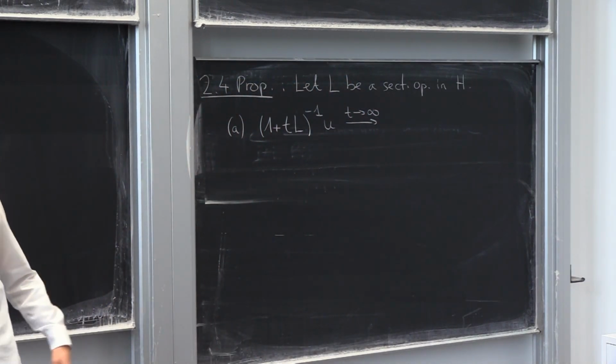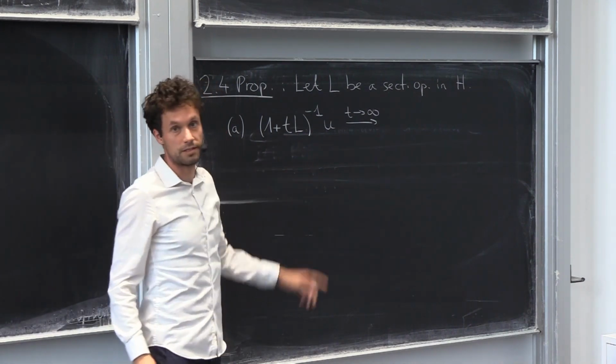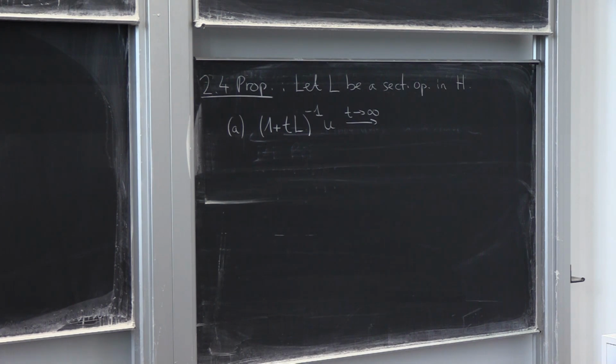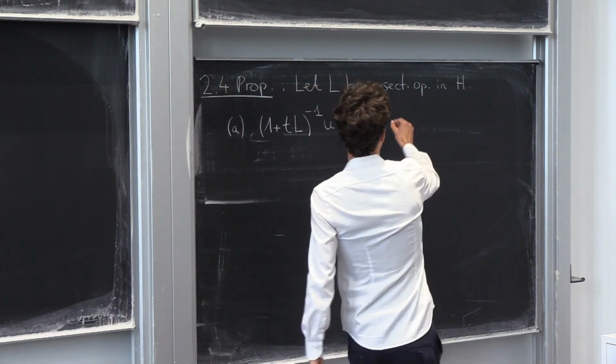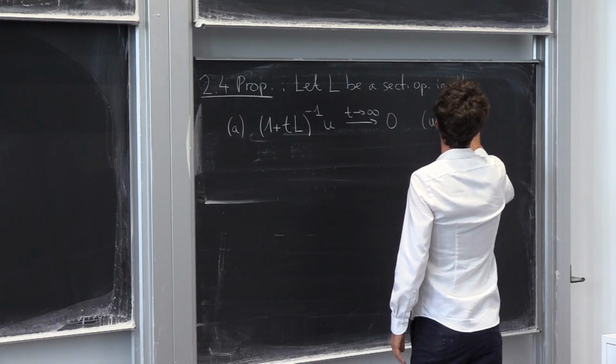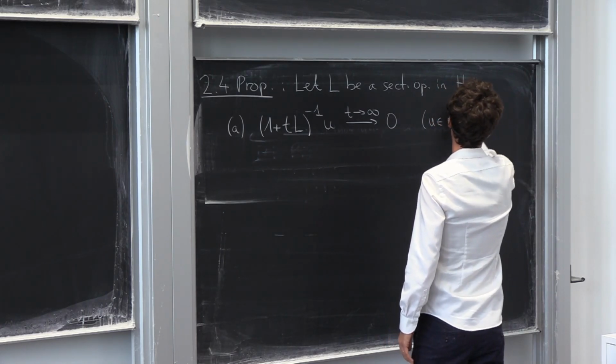Okay, if this L would be not an operator but just a number, I would be calculating 1 over TL. So if L is a non-zero number, this goes to 0. And the same is true here. Well, at least for all U in the range of the operator closed.